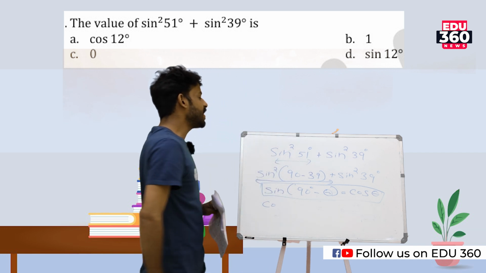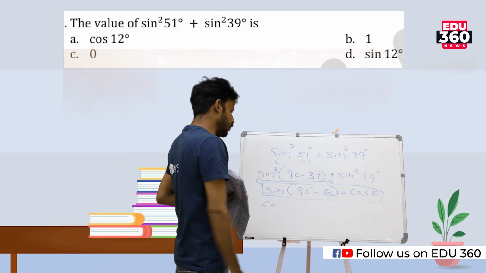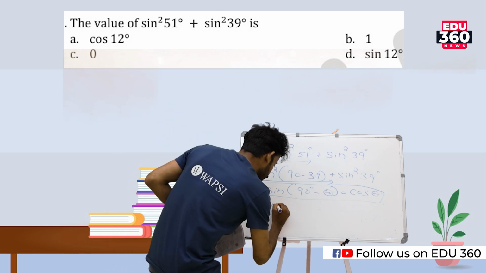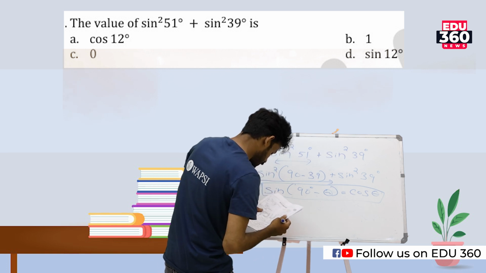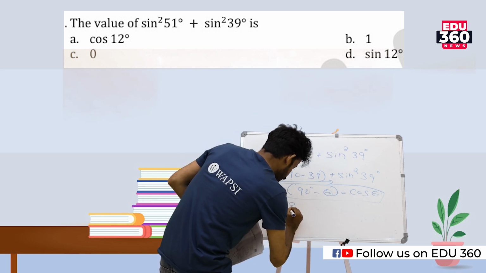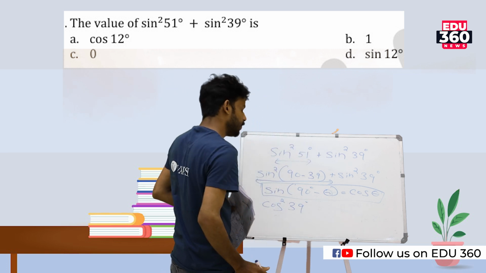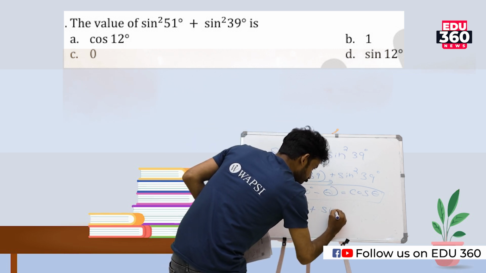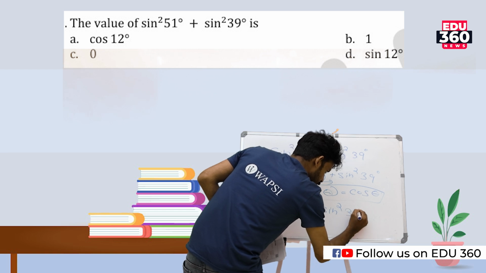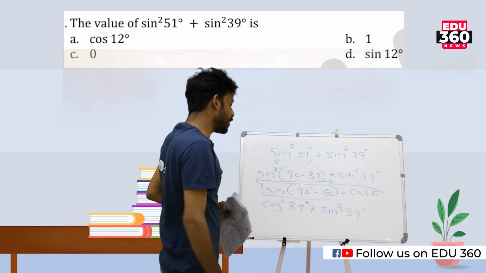So sine (90 degree minus theta) is equal to cos theta. By using this we can modify it: that is equal to cos square 39 degree plus sine square 39 degree.